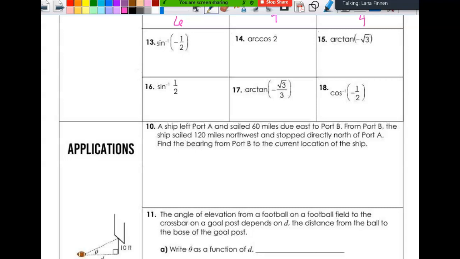Trent, what is the sine inverse of negative 1/2? I got negative 1/2. It is negative 1/2. Okay, think about what you just said, because I want the sine inverse of negative 1/2. It's not negative 1/2. What is it? It has to be an angle, sweetheart.